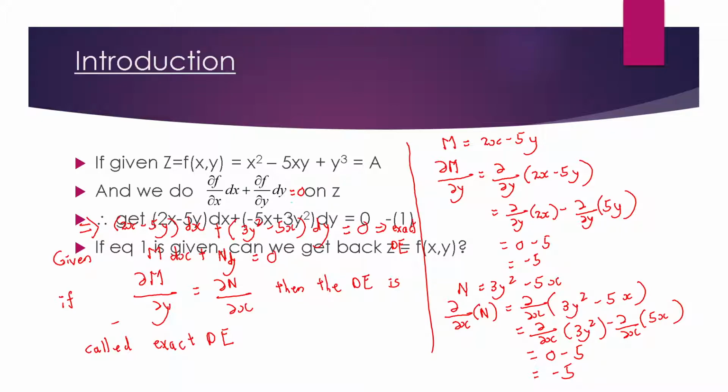After we do the total differential, we obtain actually the differential equation (2x minus 5y) dx plus (negative 5x plus 3y squared) dy. If we check it, it is actually in the form of M dx plus N dy. Initially we give you this one, and after we do del f del x dx plus del f del y dy equal to 0, we obtain M dx plus N dy equal to 0.